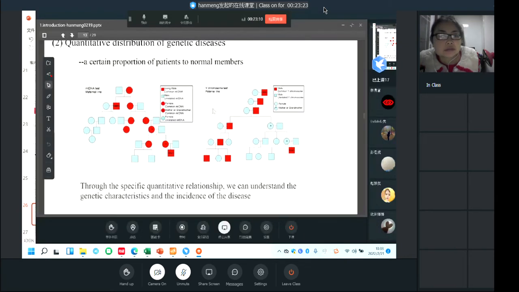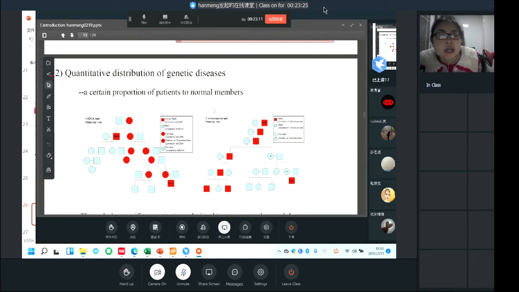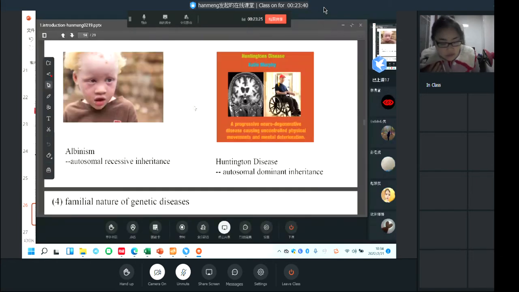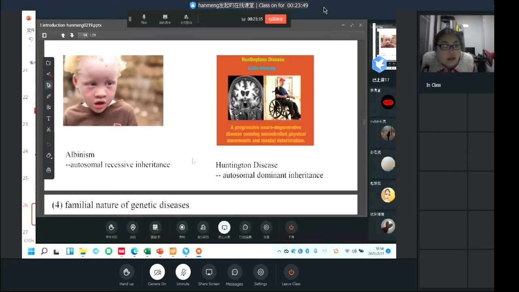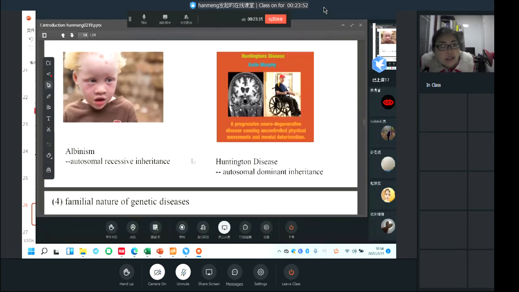Many genetic diseases are congenital. For example, albinism and Huntington disease. These diseases are congenital. Albinism is an autosomal recessive inheritance disease, and Huntington disease is an autosomal dominant inheritance disease.